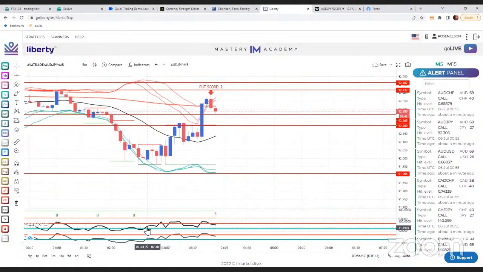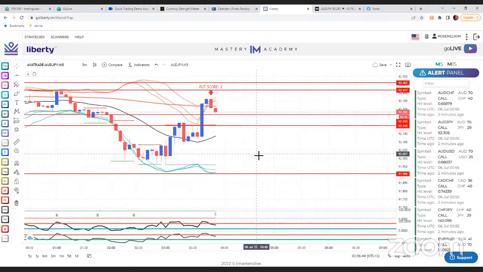The black line will cross up on the green, and the bottom one will cross up on the green. That's a confirmation that tells you to buy. So blue is buy and red is sell. It will make sense eventually, but at least generally just keep that in mind: red is sell, blue is buy.